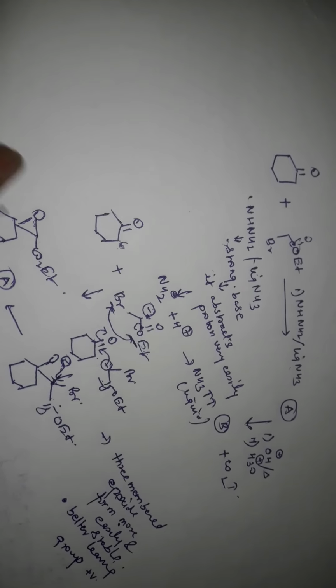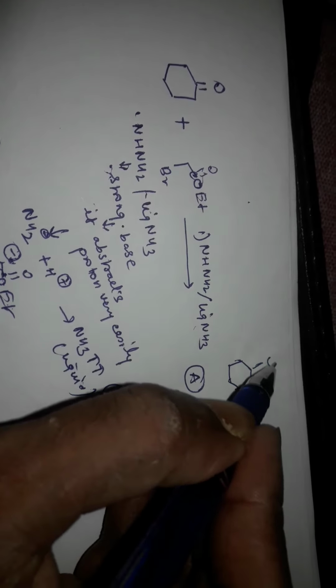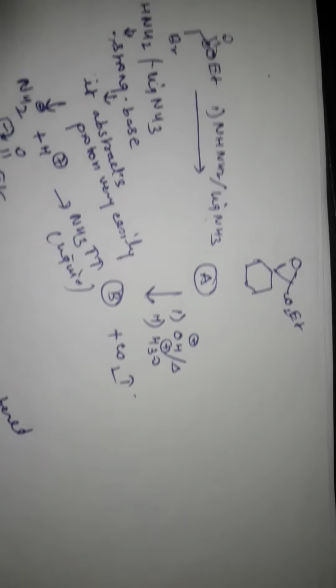Okay, after that what happened here, if you see, so we will write down here, your product will be this one. Okay, so again what happened here, so we will shift here. Okay, so you can see when OH minus in the presence of heat is given, meaning alkaline condition is given.